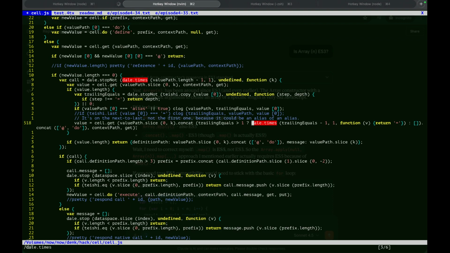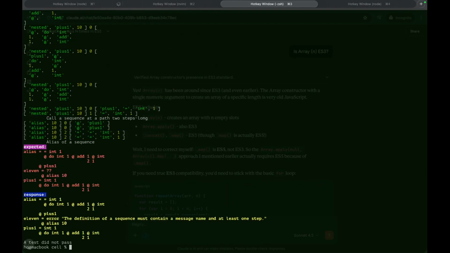Silly goose. Let's just use array. Interesting.